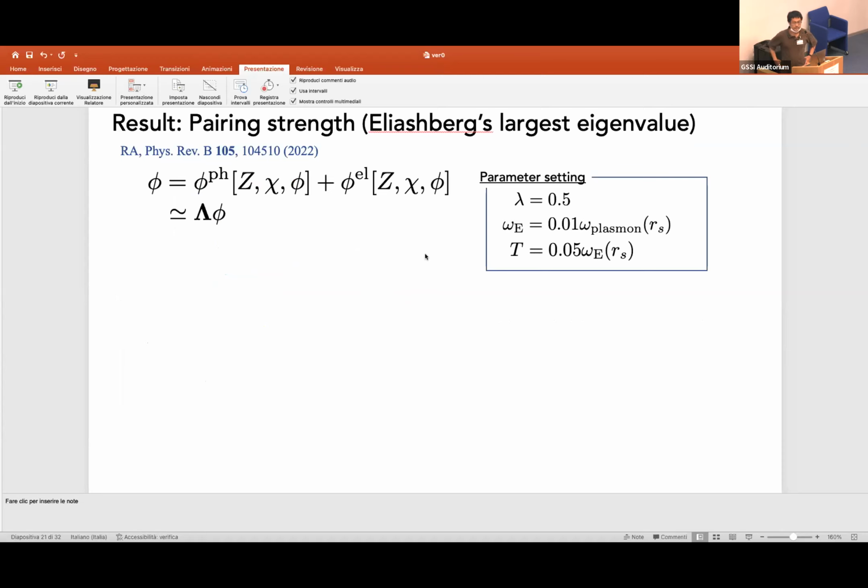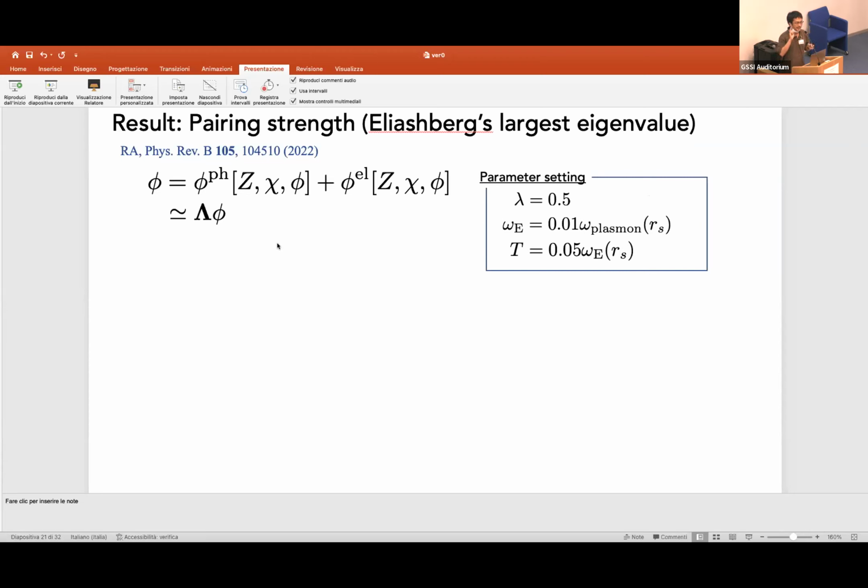Okay, next we are moving to pairing strengths. For this, I first linearize the equation for the anomalous part, and the parameters are fixed to settings that are actually realizable in, for example, compressed light-element superconductors. With this linearized approximation, I evaluated the largest eigenvalue of the linearized equation in order to estimate the pairing strength. This approach can be understood like this.